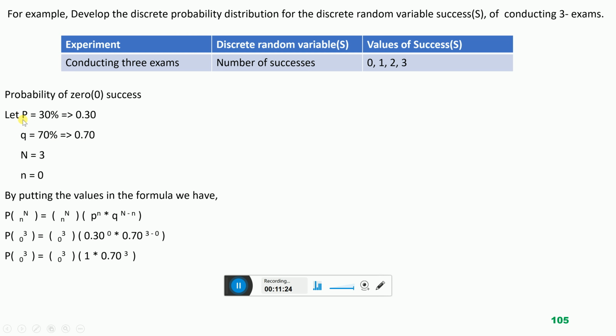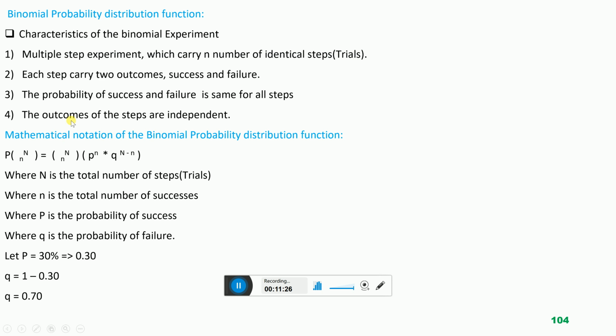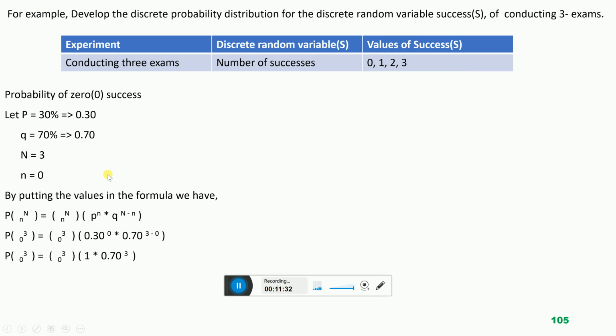So this is P, the probability of success, as is very clear from here, where P is the probability of success, and Q is the probability of failure. The probability of success is given to us, known to us: 30% chances that the student will pass exam. So what are the chances that the student will fail exam? Q, the probability of failure, 70%. The number of steps, capital N, represents number of trials, number of steps, number of exams: 3.